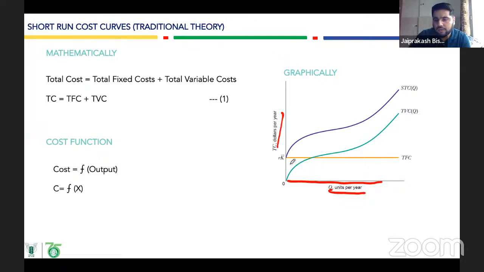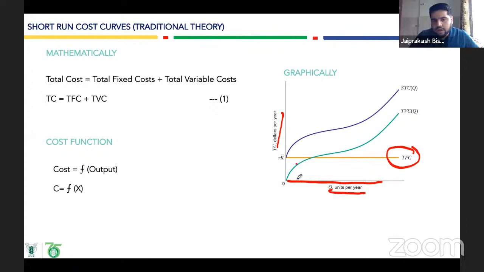The fixed cost will not vary with the level of production, with the level of output. So it will remain fixed as the output increases. The total cost is fixed, but your variable cost will increase with the level of production.